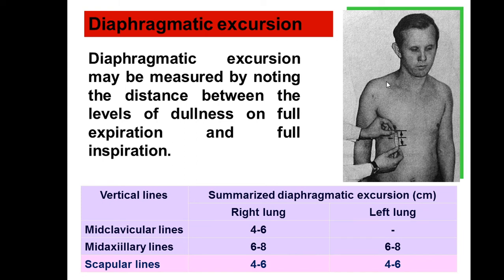For this, first you should get the normal lower border of the patient's lungs, then ask the patient to inspire, to expire, and then fully expire, and go in the upward direction from resonant sound to dull sound, and then make a mark here on the side of the dull sound.